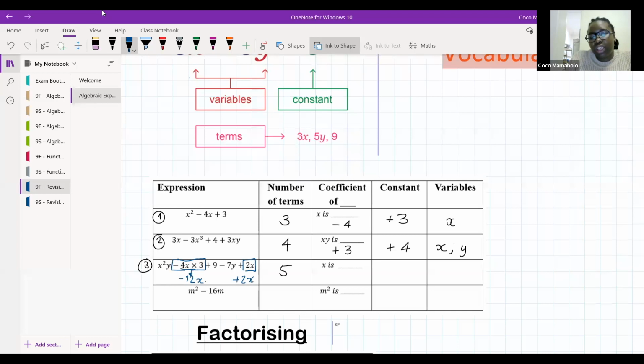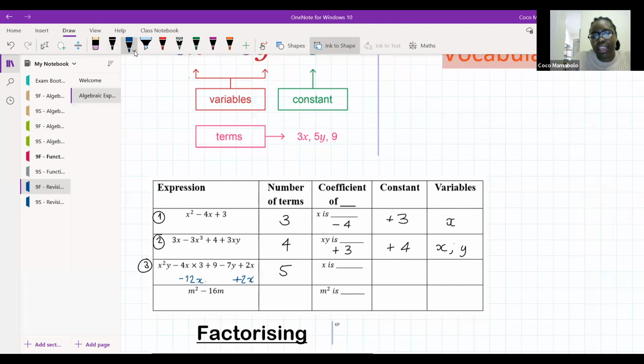So we could argue that there's 2 of them. But because they're like terms, Oraldine, what can we do with like terms? We can add them. Good. So can you tell me, what is -12x plus 2x? It'll be -10x.